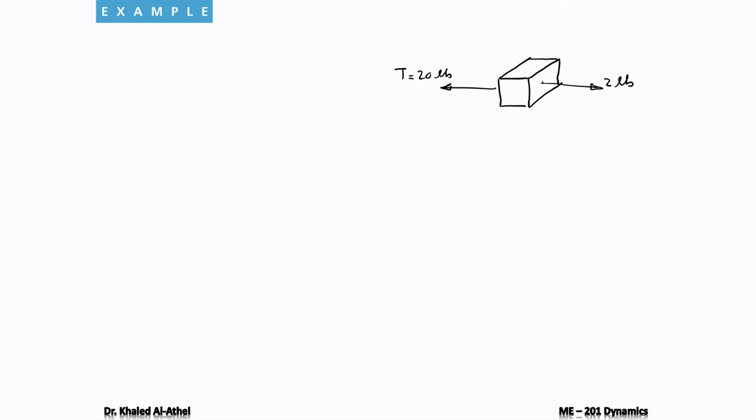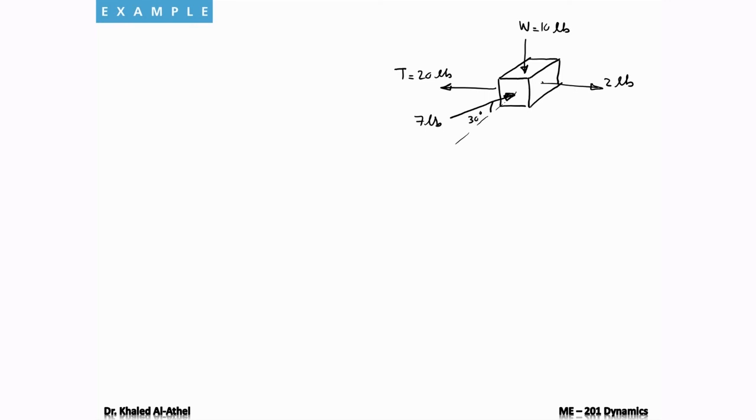That's when the problem asks you to solve. I have the weight acting downward, and the weight in this problem equals 10 pounds of the block. What else I have? I have the horizontal force. If this is the tangent at this point, so this force equals 7 pounds, and it has an angle of 30 degrees.